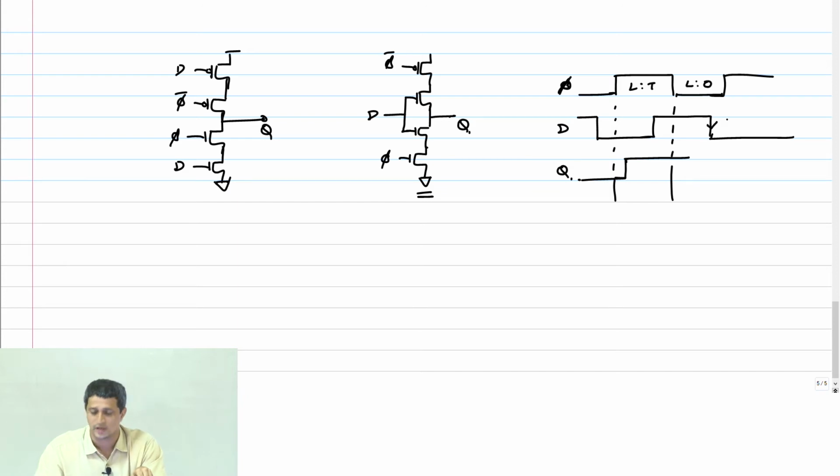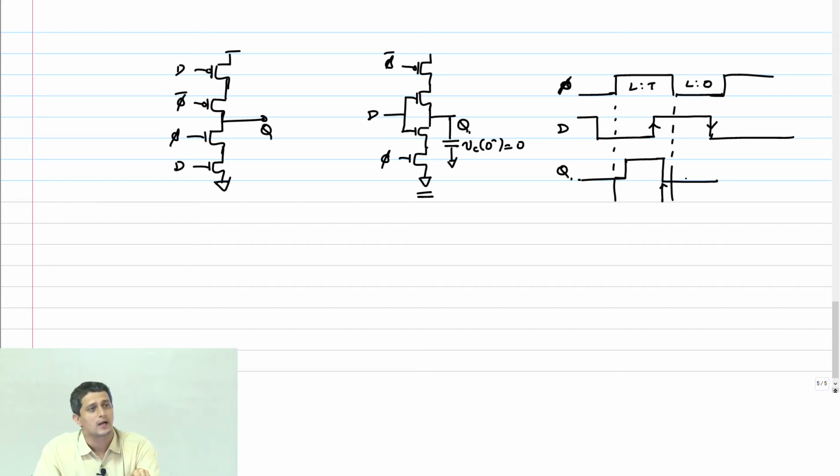I'm looking at this transition here. This is what should happen, right? Because the clock has changed here and Q should get inverted in the transparent phase. So D was 1 and Q became 0. So this capacitor was discharged to 0, right, out here.